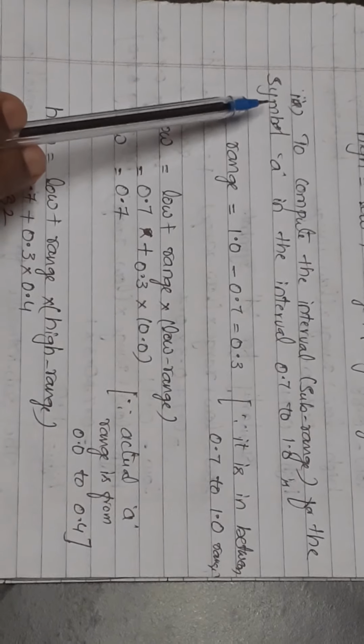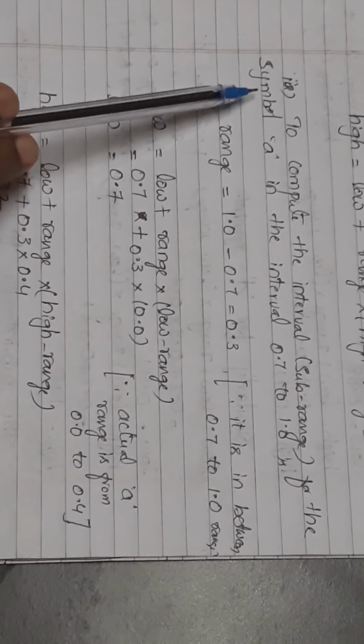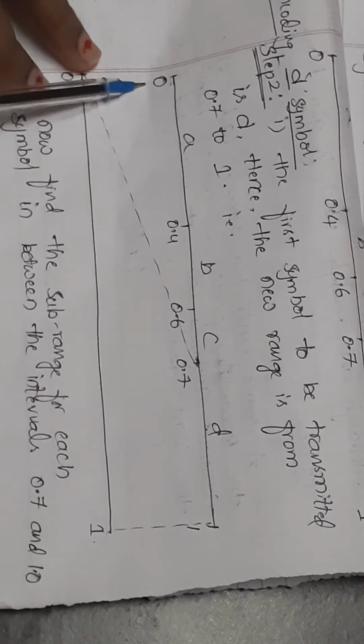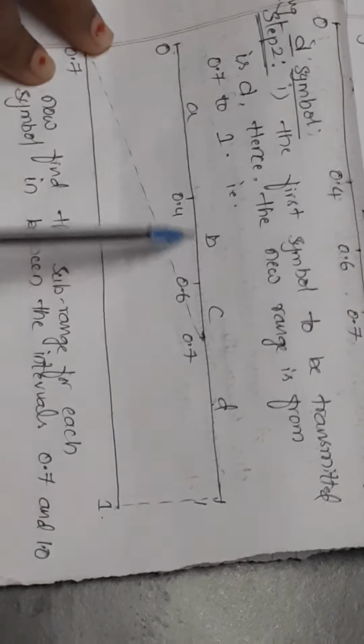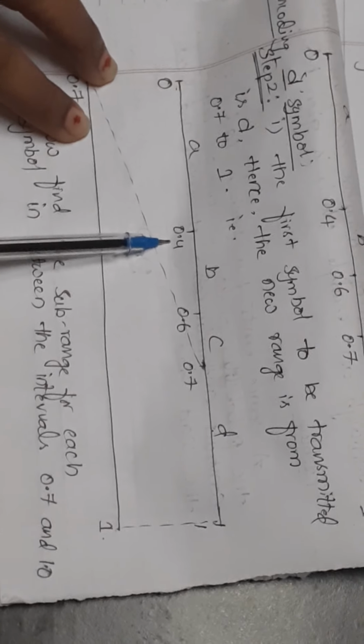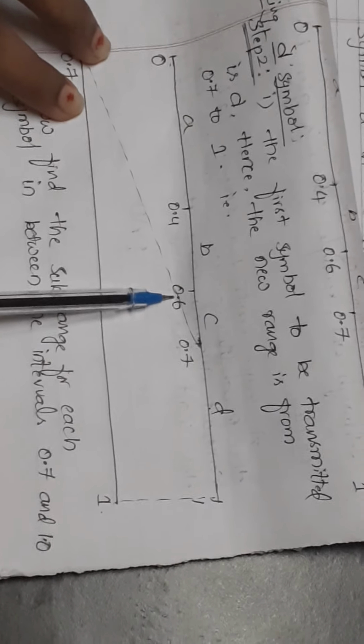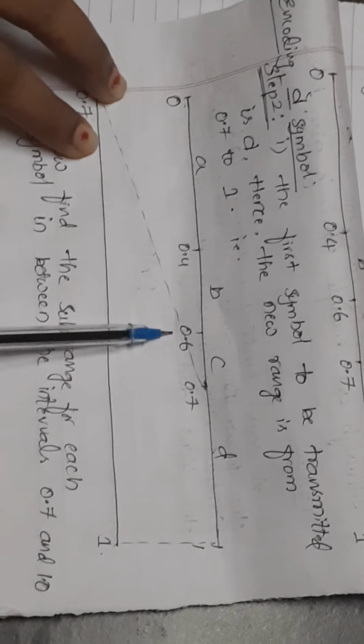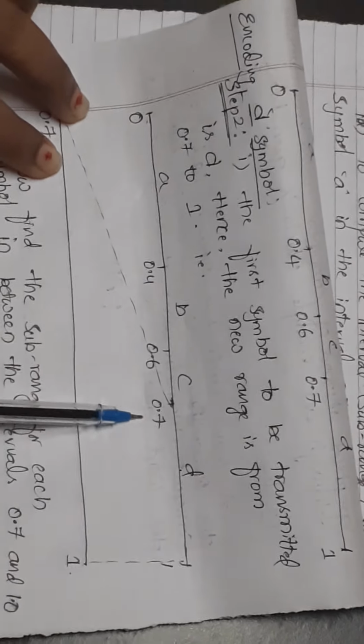Suppose we are going to divide the subinterval for a. First of all, we are choosing a. For a, we have low range 0 and high range 0.4. Similarly for b, low range 0.4 and high range 0.6. Similarly for c, low range 0.6 and high range 0.7.